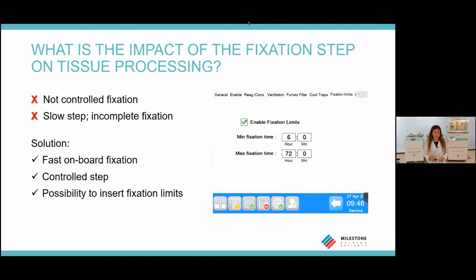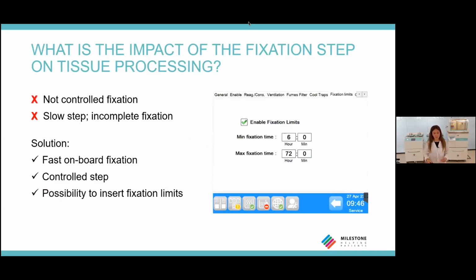The problem is that this important step usually is not controlled, and the fast turnaround times required in today's laboratories can lead to incompletely fixed specimens.